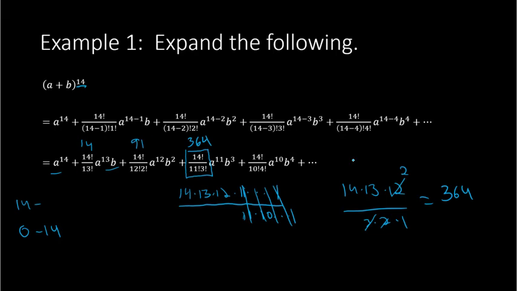So the last term has no a's. If you start counting from 0 through 14, 0 would be the first number, 1 is the second, 2 is the third, and there's actually 15 different terms. That would be the case for any expansion: the number of terms is 1 greater than the exponent.